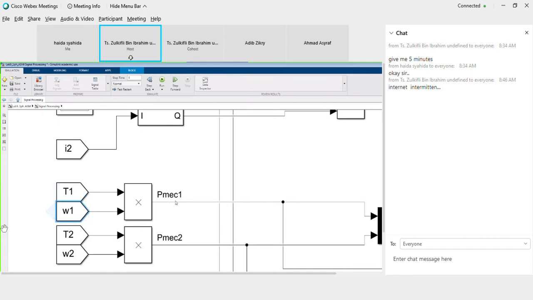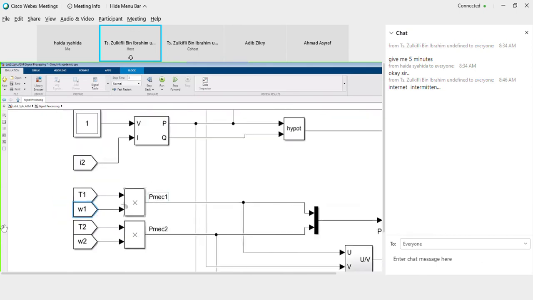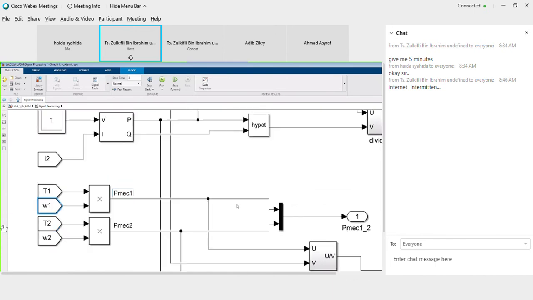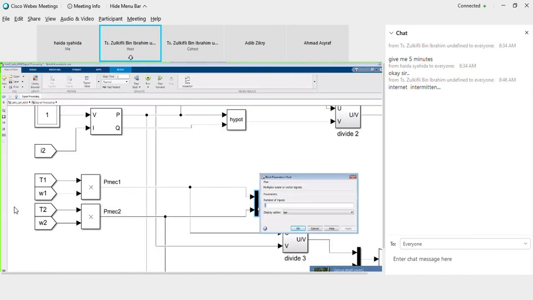So you have the mechanical power. Torque times omega, you will have your mechanical power kan. So this mechanical, it goes to here, and you have your mechanical 2. Ini mesin nombor 2.